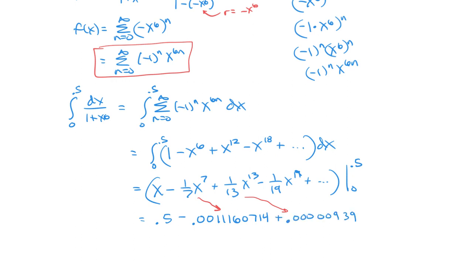And then this last one is to the 19th power. So when I plug 1/2 in there, raise it to the 19th power, multiply by 1/19th, then we get minus 0.000000100. This ends up being too small to affect our answer to 6 decimal places, right?